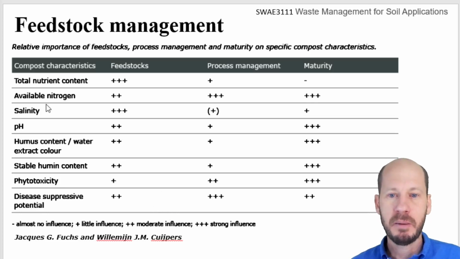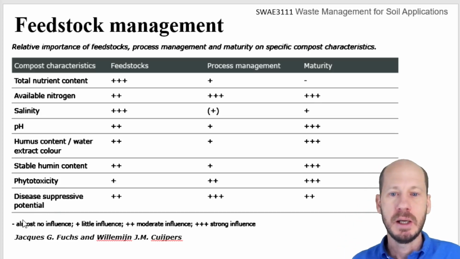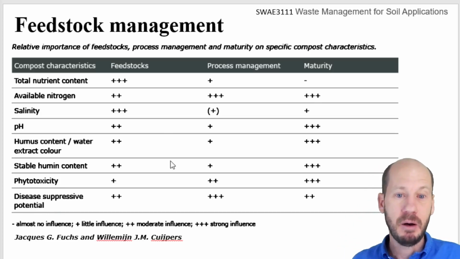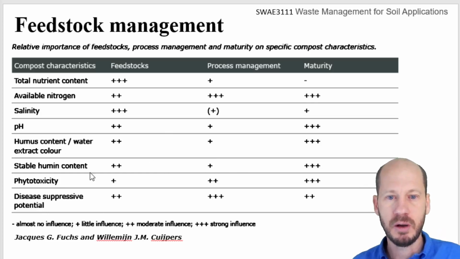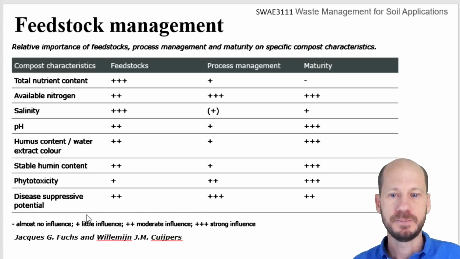So all these parameters are highly affected: salinity is highly affected, pH is affected by the composting process, and the stability of the humus afterwards is affected by the feedstock that you use. Nevertheless, this is also more affected by the maturity of the compost.